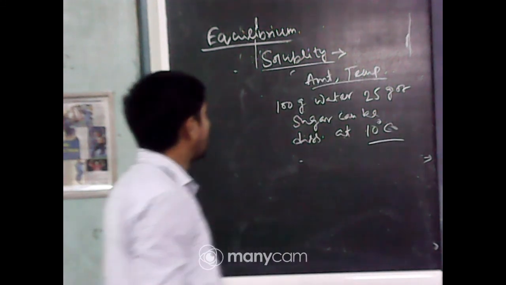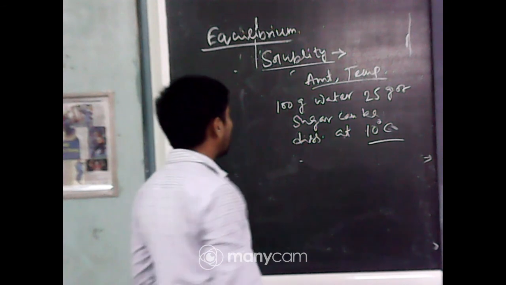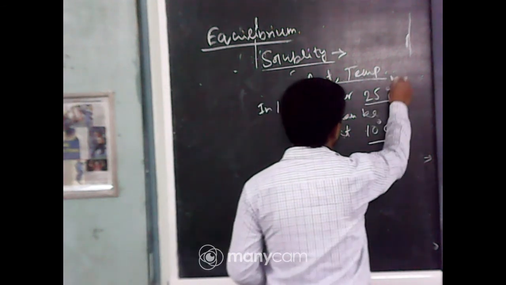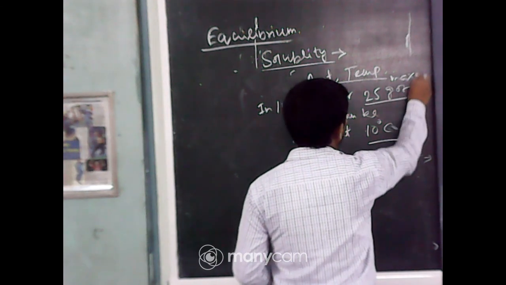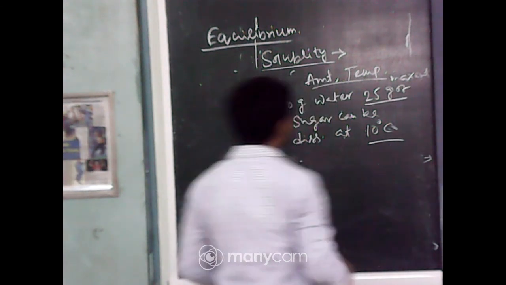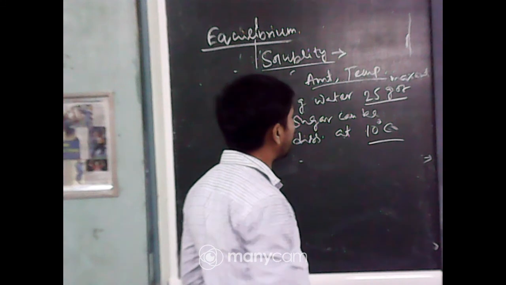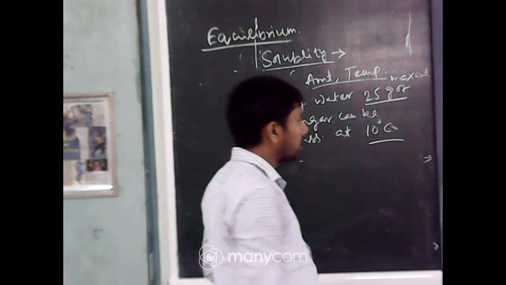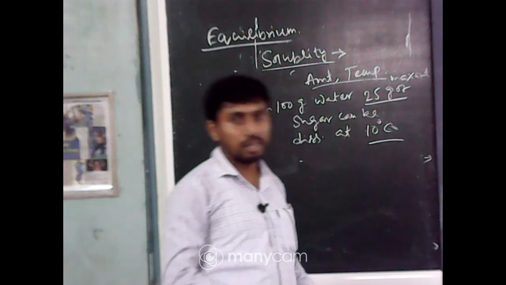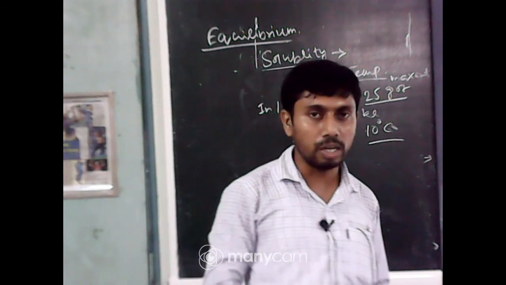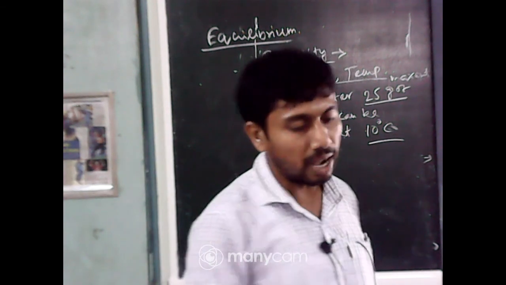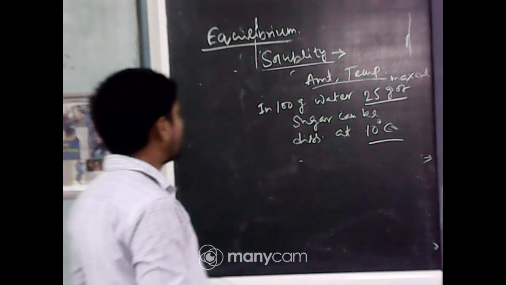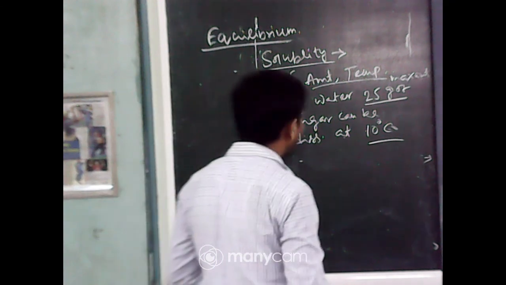In 100 gram of water, 25 gram is the maximum amount of sugar that can be dissolved at 10 degree centigrade. So, this is the process of solubility. It can be defined as the maximum amount of solute that can be dissolved in 100 gram of the solvent at a particular temperature. This is called the solubility.